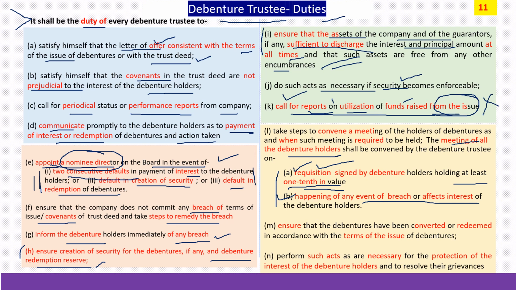And he should ensure that either conversion in case of convertible debentures, or redemption in case of the non-convertible portion, happens in terms of the issue on time in the right value and volume.